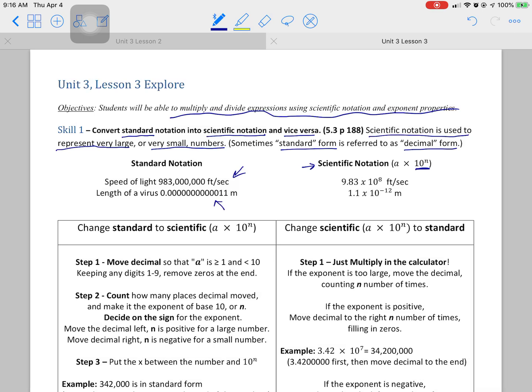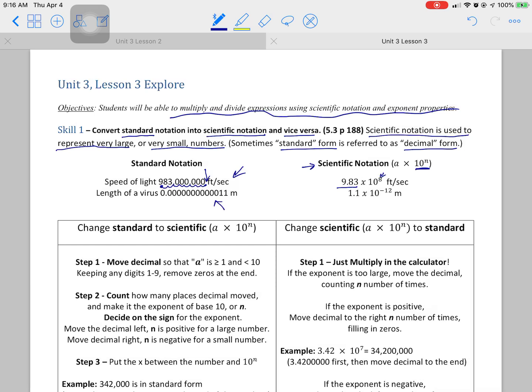All right, so in this big, huge number for the speed of light, where's the decimal point now? The decimal point is right here. You don't really see the decimal point, but it's right here. And if you count how many zeros, 1, 2, 3, 4, 5, 6, 7, 8, to put the decimal after the 9 where it is here, we went 8 hops to get there.